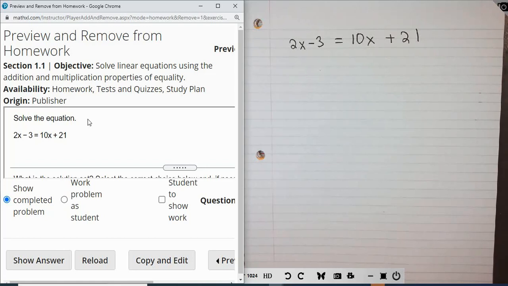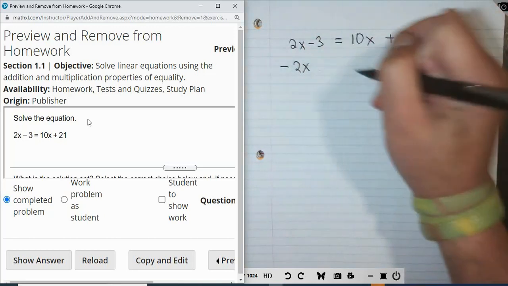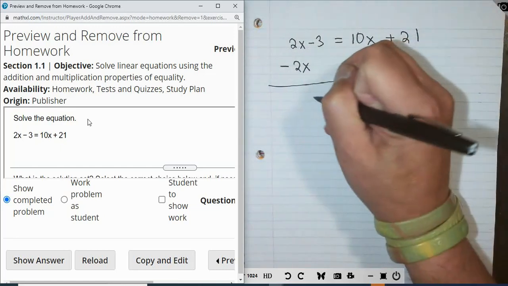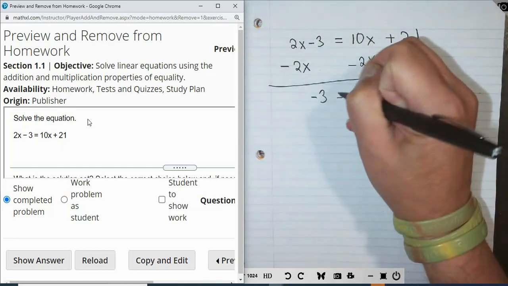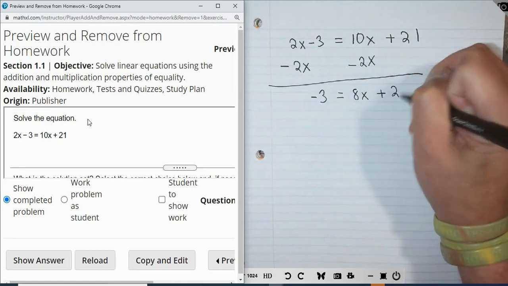Let's go ahead and subtract 2x from both sides here. So I got -3 equals 8x plus 21.